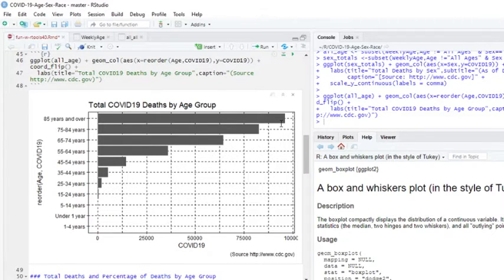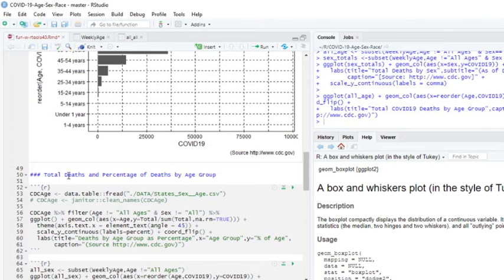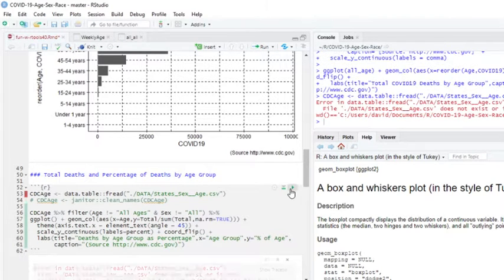Okay, you can see it drops back down here. So if this is 25,000, this is 12,500. So you can see from here to here is half. And the further down we go, the fewer deaths there are for each age group. Okay. That's the percentage by age group.